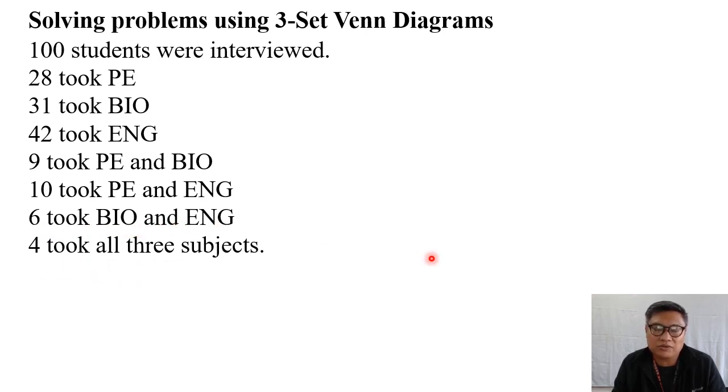So how are we going to create a Venn diagram out of this? If you add all these numbers, 28 plus 31 plus 42 plus 9 plus 10 plus 6 plus 4, of course, it will be more than 100 students.